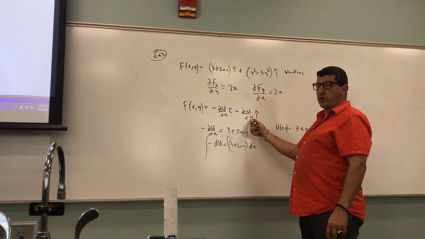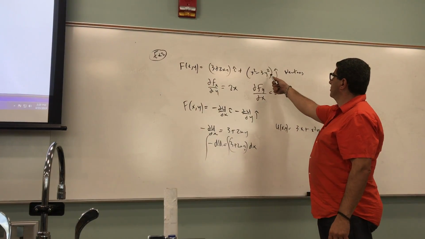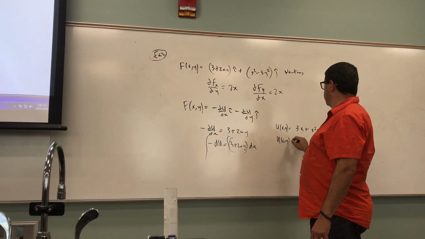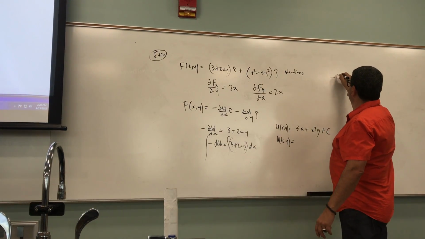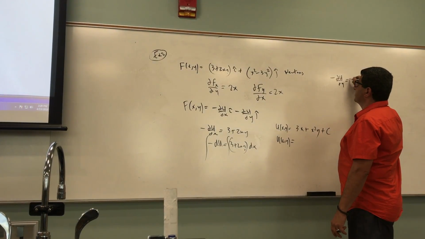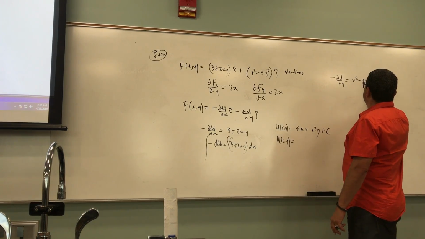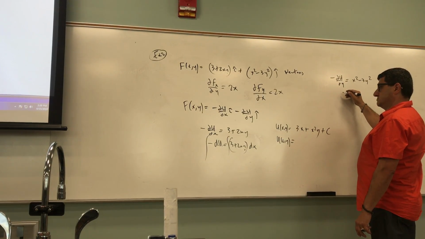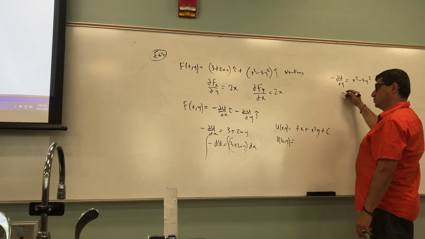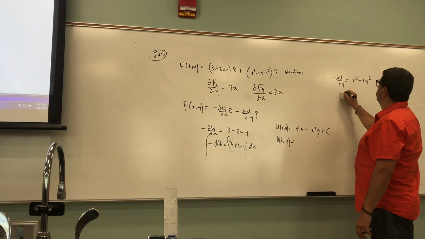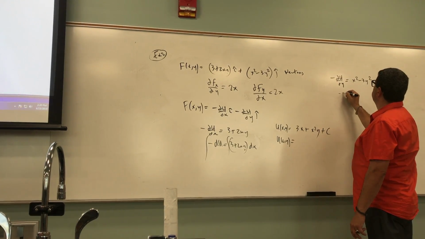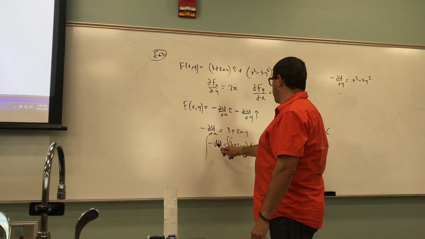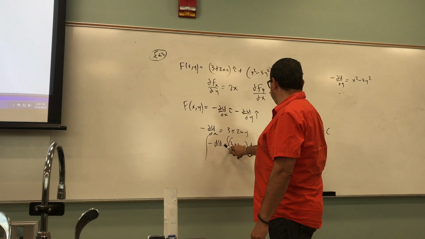Then u of y is going to be what? The integral of this guy. So minus partial u partial y is equal to x squared minus 3y squared. Should I have distributed the negative on the other side?